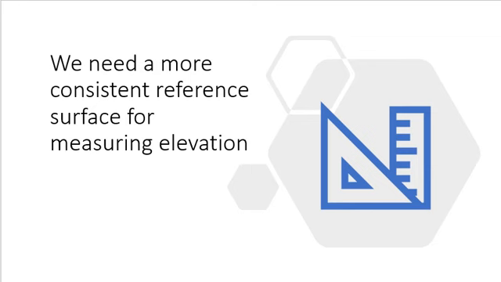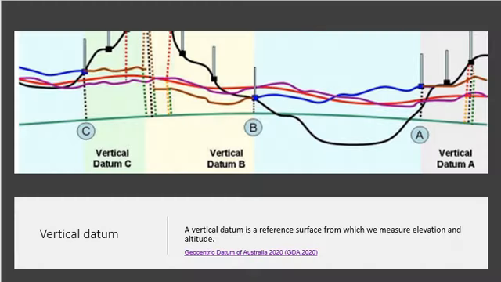Therefore, we need a more consistent reference surface for measuring elevation, right? Now, we can understand the concept of vertical datum. A vertical datum is a reference surface from which we measure elevation and altitude. I am not going to talk about the details of how a vertical datum is defined or measured.